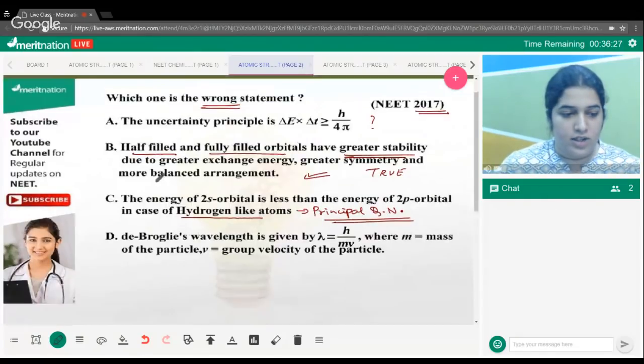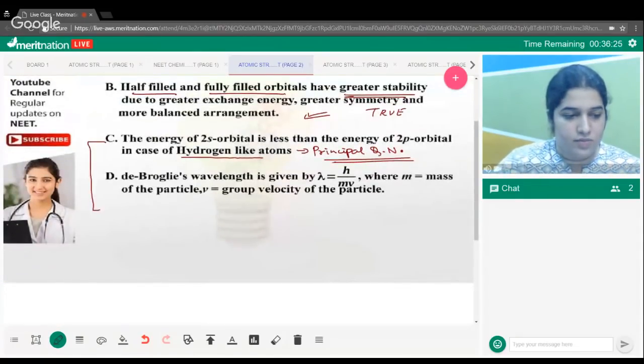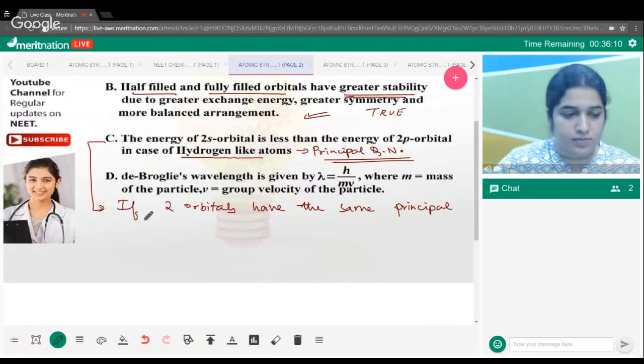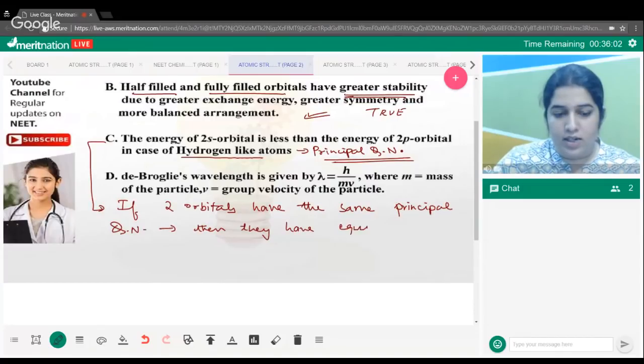So let's look at the statement here. If two orbitals have the same principal quantum number, that is this value of small n, then their energies would be the same.